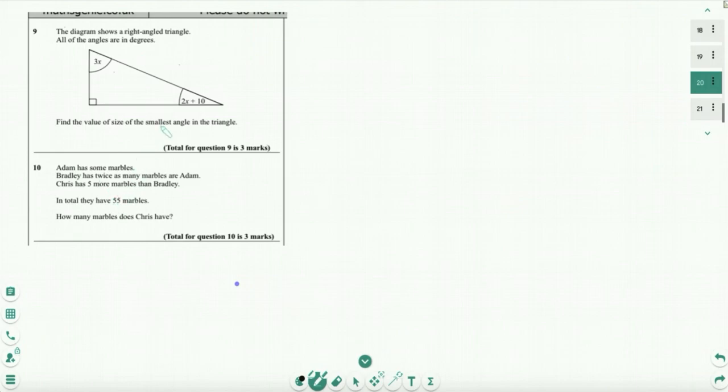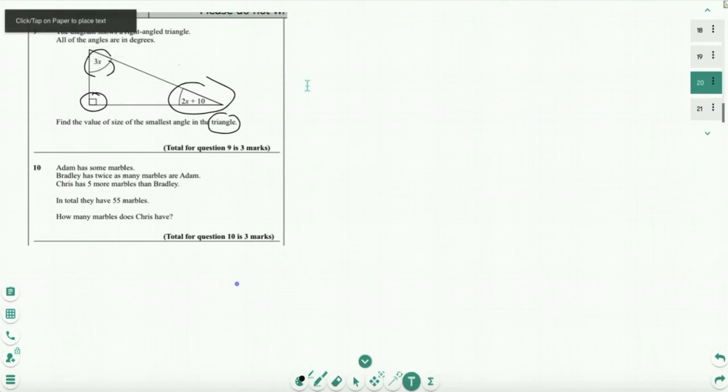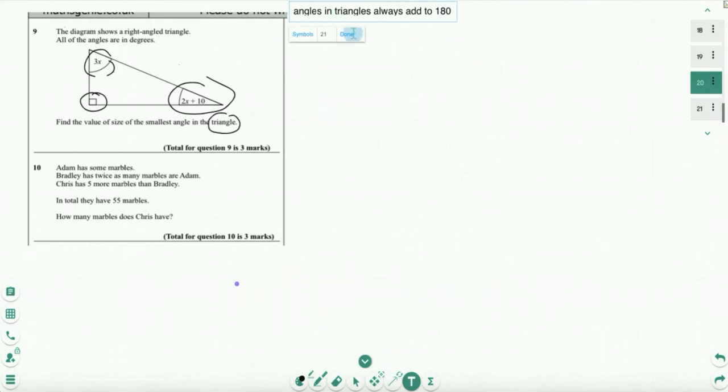We have a triangle, and we know its angles. So what I think to myself in my head is, okay, what do I know about angles in a triangle? Well, I know that all angles in any triangle add to 180. So angles in triangles always add to 180.